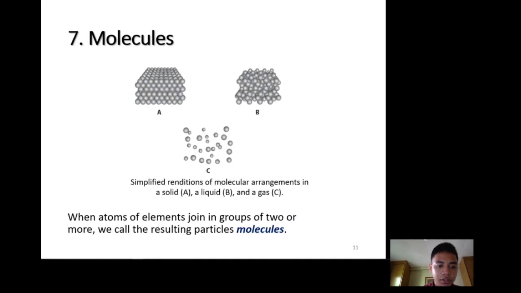Then molecules: when atoms of elements join in groups of two or more, we call the resulting particles molecules. So this is the molecule for the solid, this one is for the liquid, and this is for the gas, no. So three different states, no.